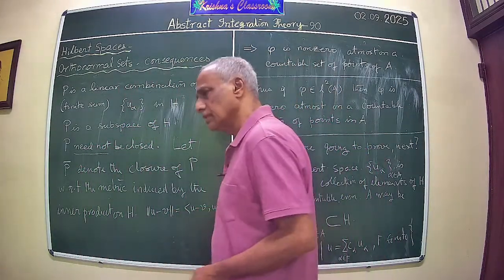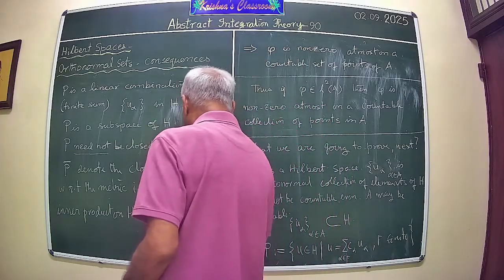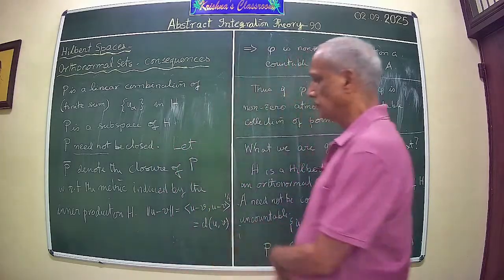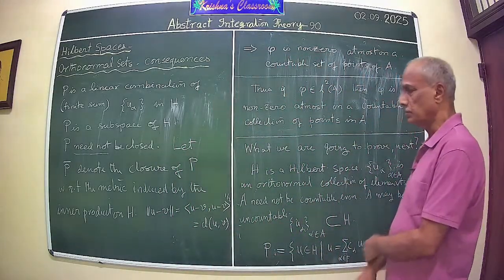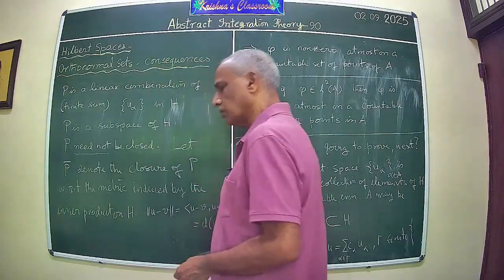This is a metric space, therefore with respect to this metric, you take the closure of P and designate it by P closure.